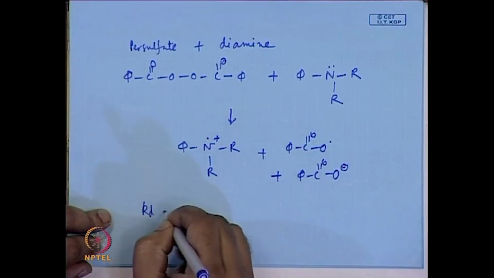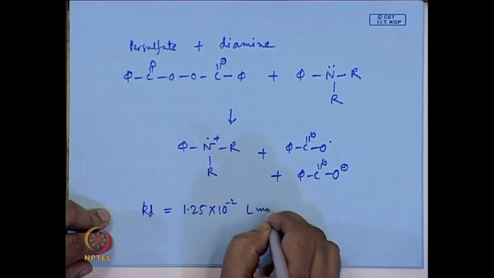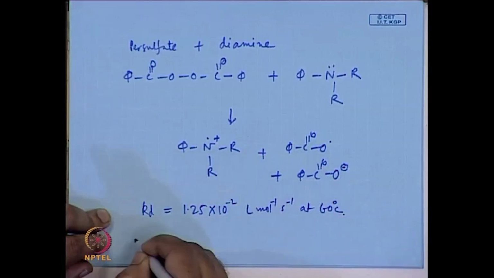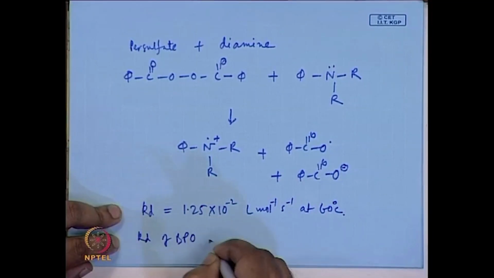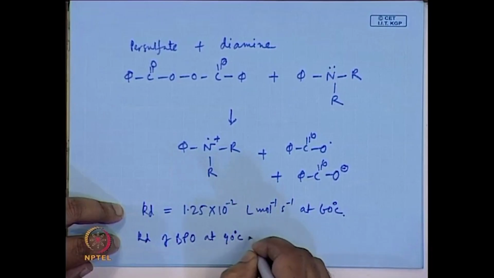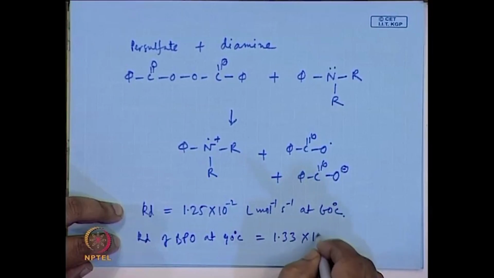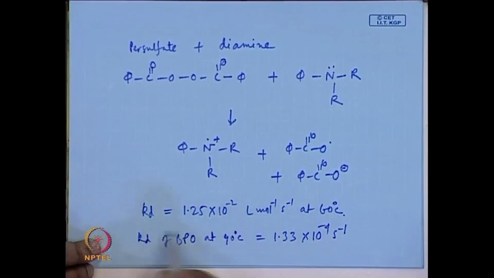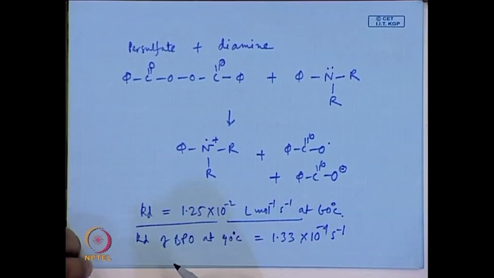Now the kd of this reaction at 60 degree centigrade, whereas kd for BPO at 90 degree centigrade was 1.33 into 10 to the power minus 4 second inverse, which means this redox reaction is much faster.